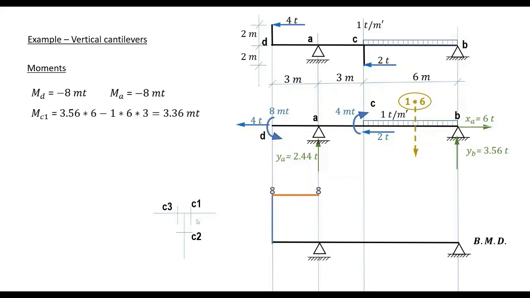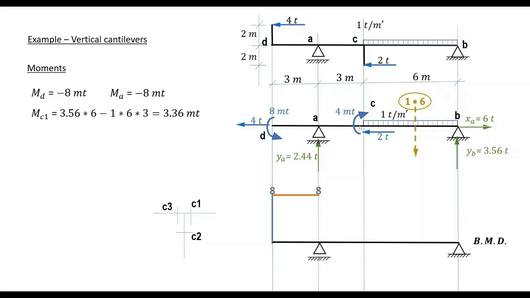Moment at C1 means that we will compute our moment here from all forces on the right of the C section. So we have 3.56 multiplied by the arm 6. We have 1 multiplied by 6 by the arm 3.